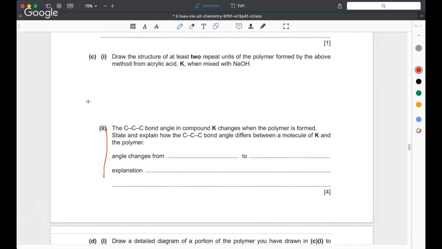Okay, so what you want to remember here is that when you've got a carbon-carbon double bond, that's so-called sp2 hybridization, and when you've just got normal carbon to carbon single bonds, that's an example of sp3.